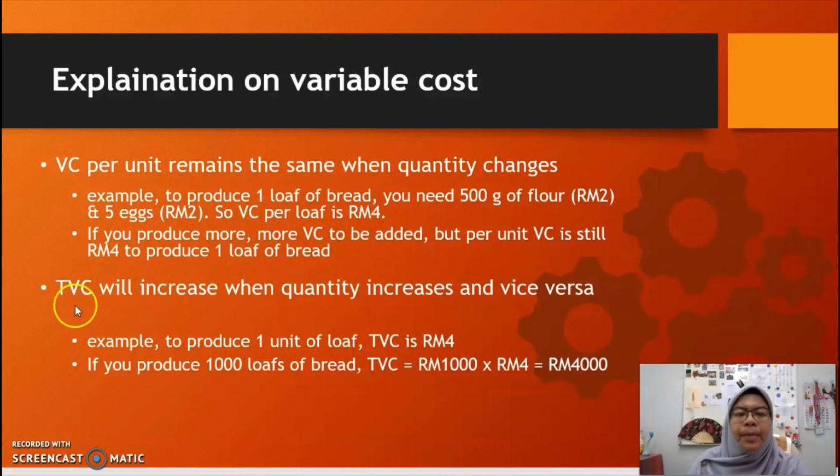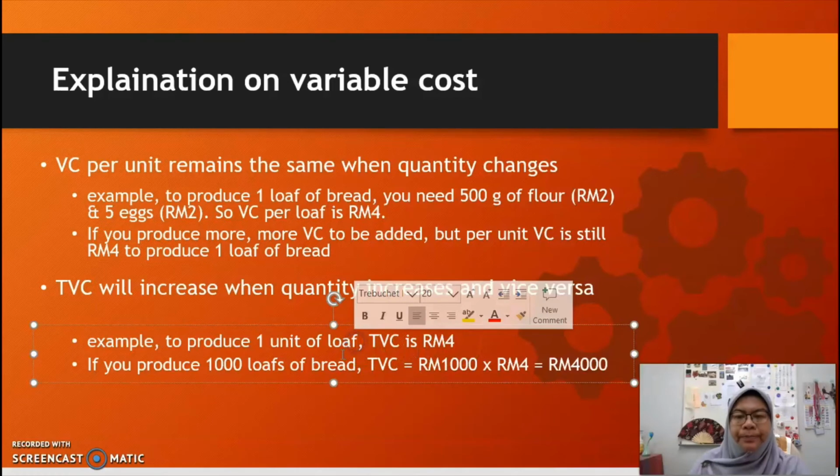How about total variable cost? Total variable cost will increase when quantity increases and vice versa. For example, to produce 1 loaf of bread, total variable cost is 4 ringgit.